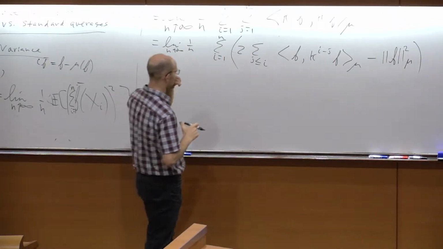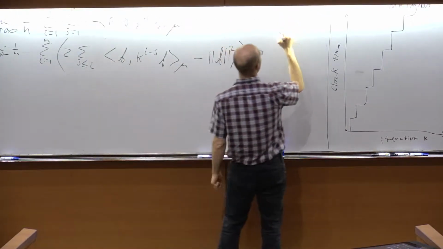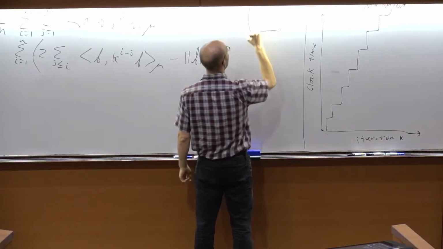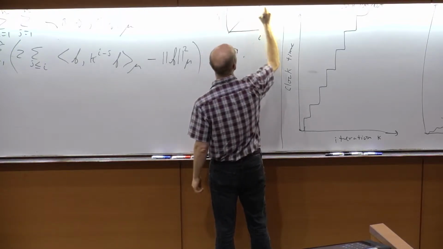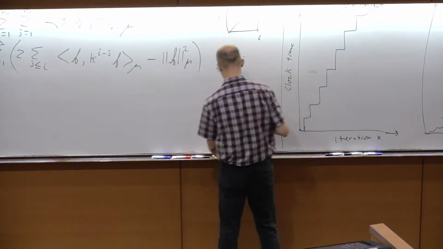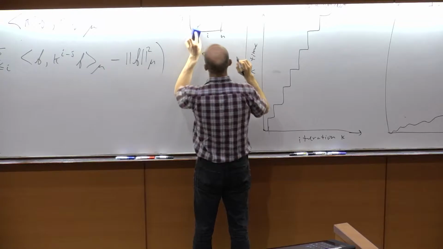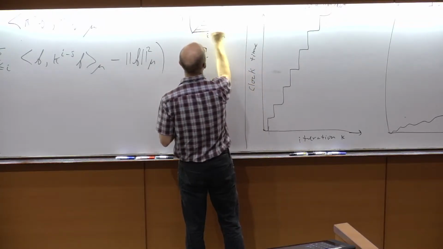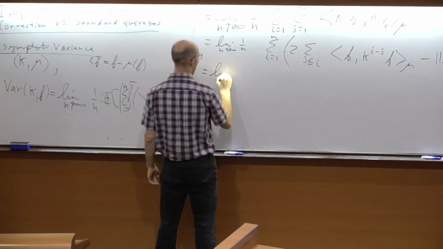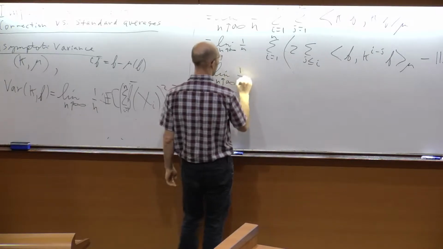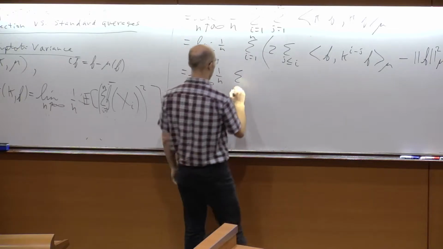And now if we look at this sum, basically, if here is i and here is j, we want i to be less than j. And so we're interested in summing over this. So we can write this, and so we have i.